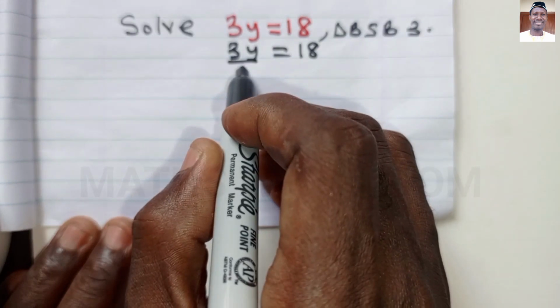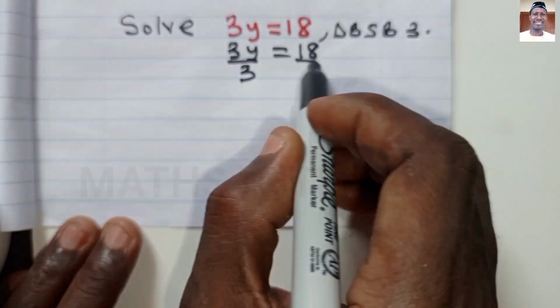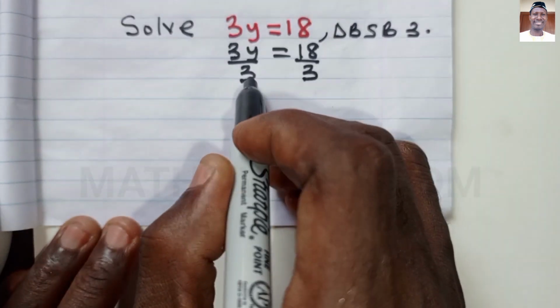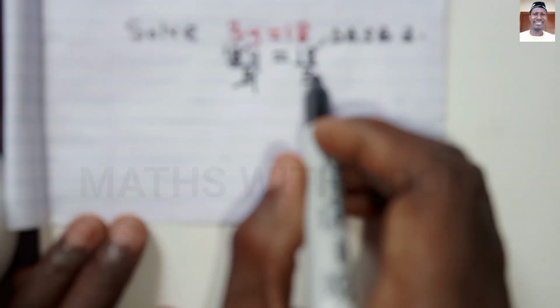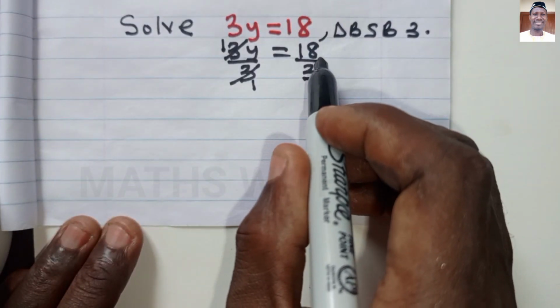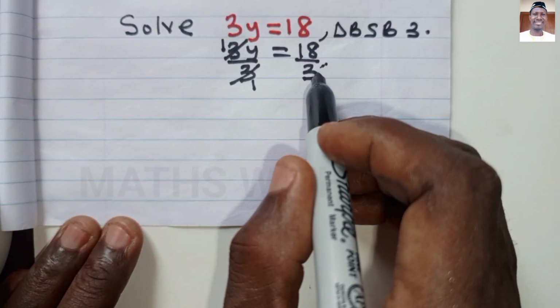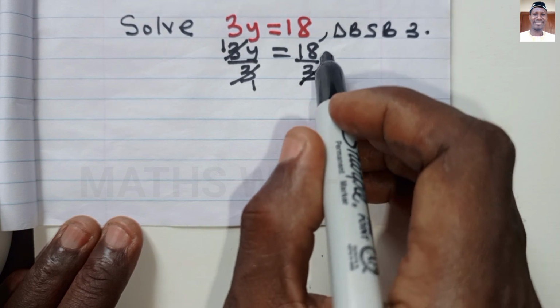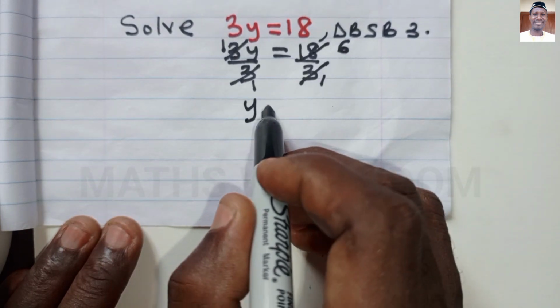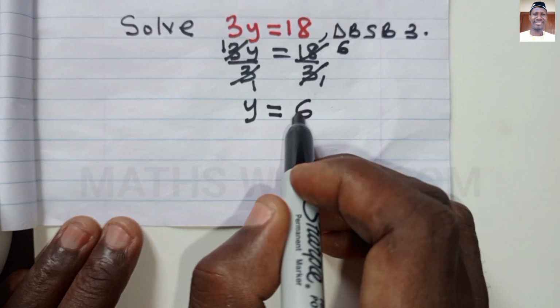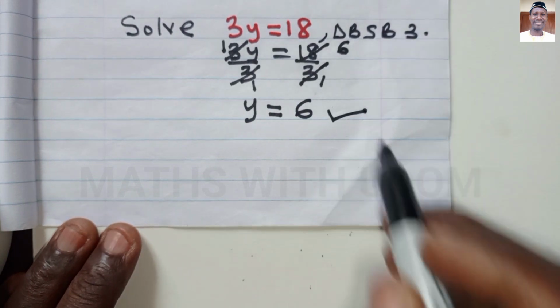Left hand side divided by 3, right hand side divided by 3. So 3 is a common factor. 3 divided by 3 is 1. 18 divided by 3 is 6. So my answer is y is equal to 6.